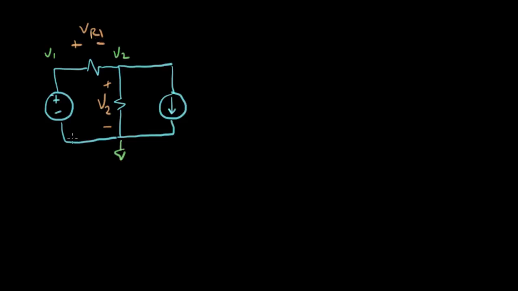And now we're going to write KVL starting from this point and going around the loop in this direction. Let's get all our labels on here. The loop voltages, we start with a rise of plus Vs, then we take away VR1, and then we take away V2, and that equals 0.